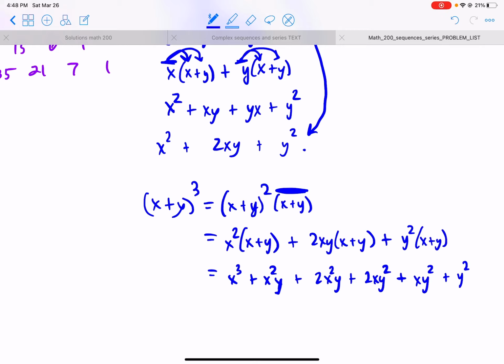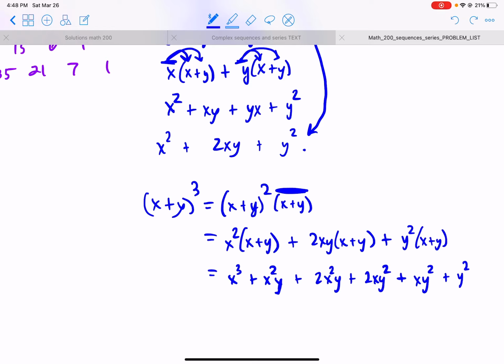I'm freely using the fact that I can rearrange any of the factors in any of these terms in any order because I'm thinking that these are, let's say, real numbers or complex numbers. If these were quaternions, that wouldn't work. Or if these were matrices, that wouldn't work.